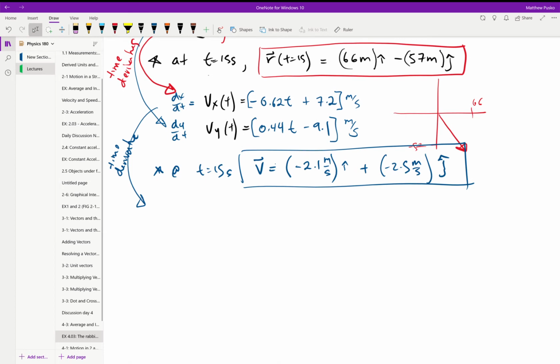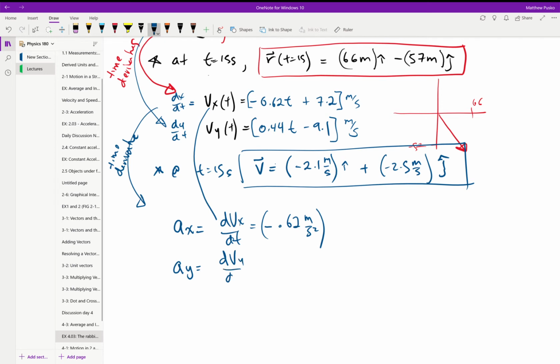So if I wanted to look at each component separately, take this v sub x, I want the time derivative of v sub x. That would give me just a negative 0.62, and it would be meters per second squared. So that's the acceleration in the x direction. If I did the acceleration in the y direction, we'd have the derivative of velocity in the y direction.